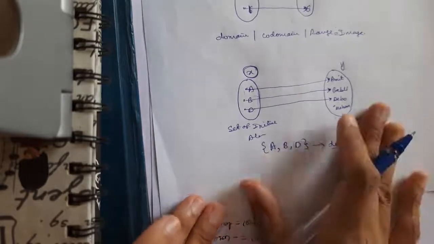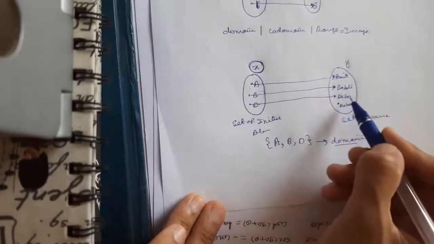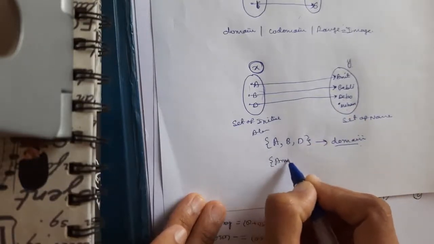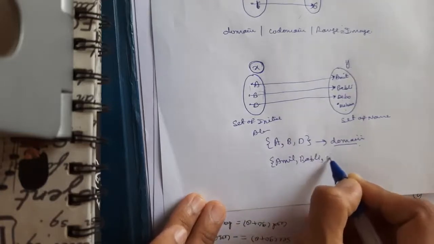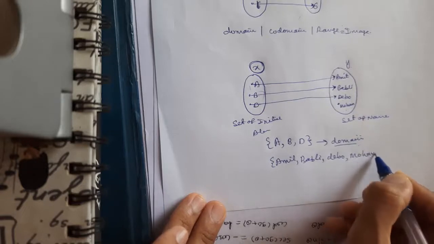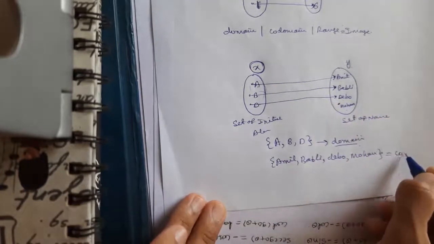And all possible outputs are Amit, Bubbly, Debo and Mohan. All these values of your output are called the codomain.